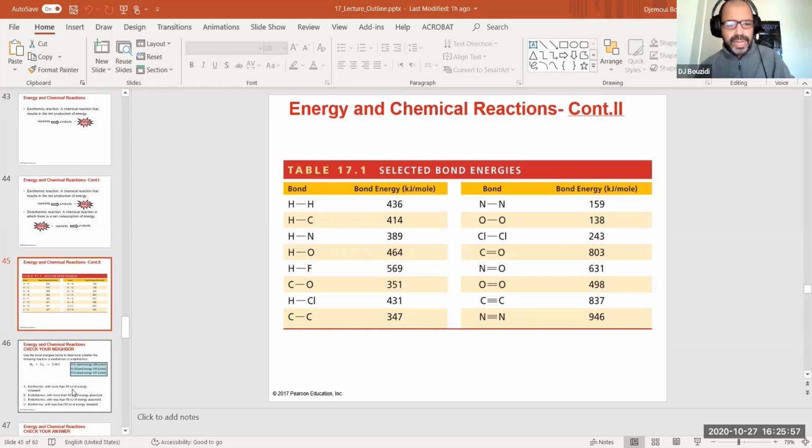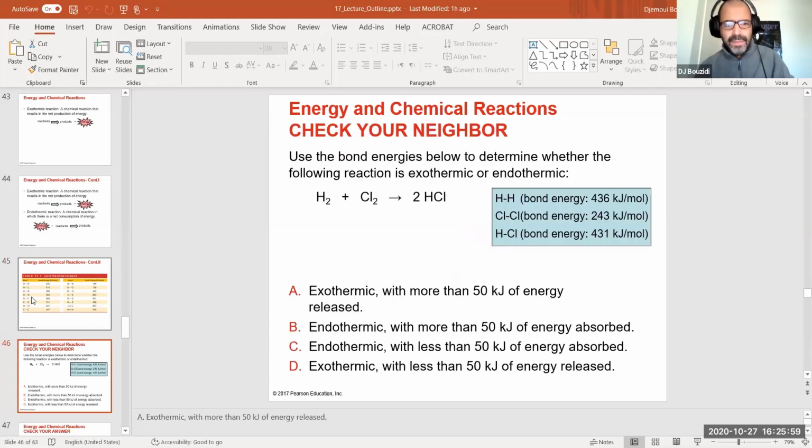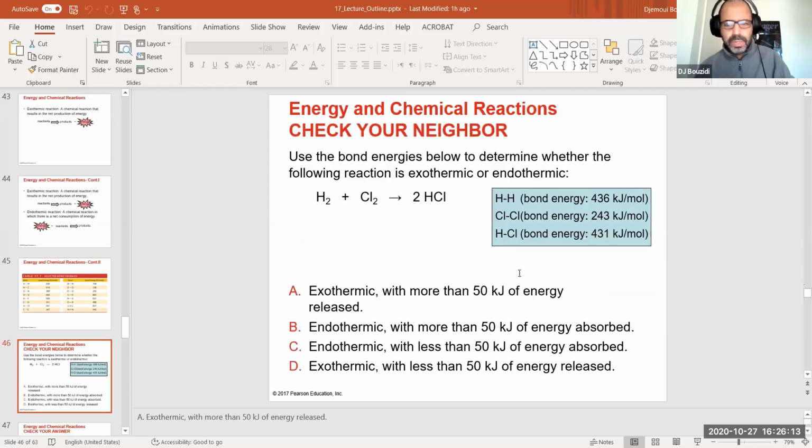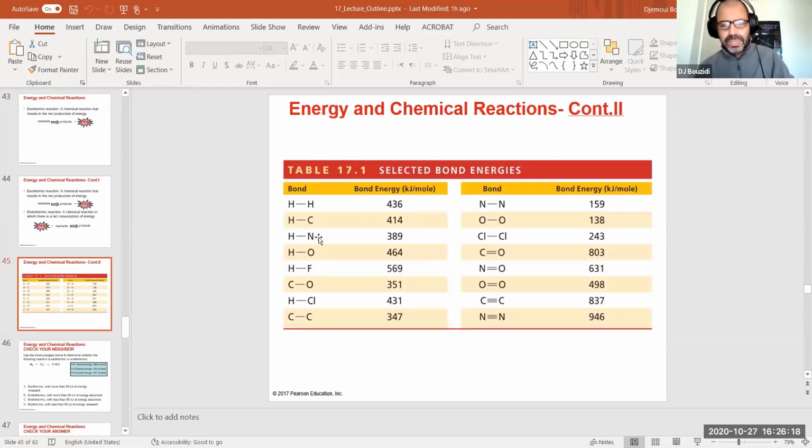So in this chemical reaction, I have 436 plus 243. That should give me 679 kilojoules, okay? In HCl, again, look at the HCl in this case, and I have 2 of them, by the way, okay?